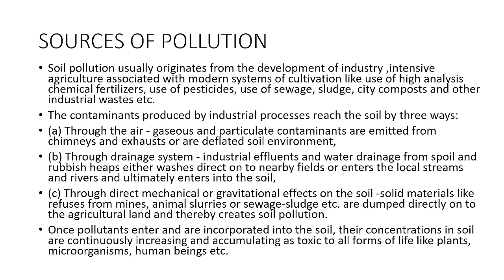Solid materials like refuse from mines, animal slurries or sewage sludge are dumped directly onto agricultural land, and thereby create soil pollution. Because of gravity, certain materials can come and percolate inside the soil layer.